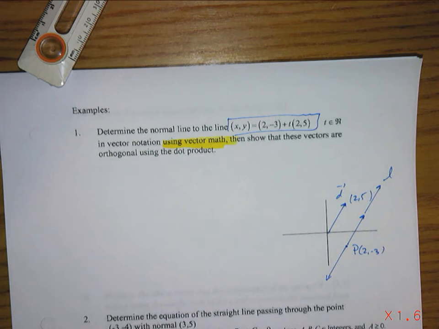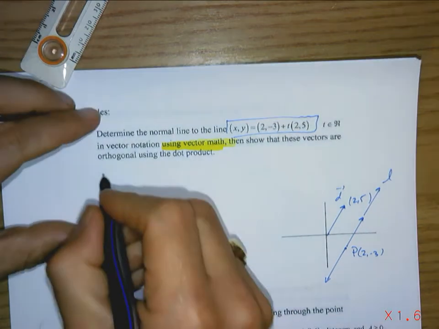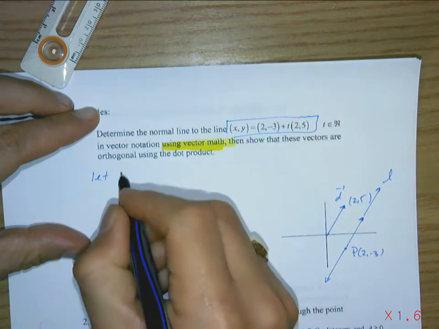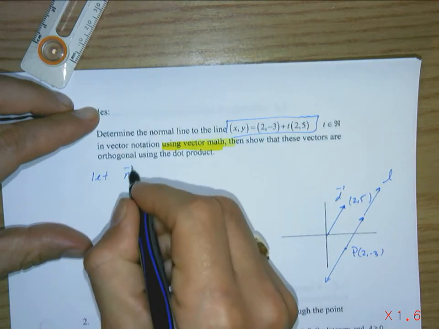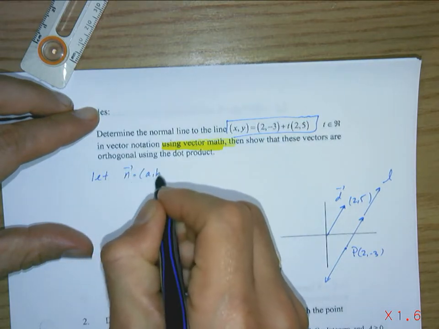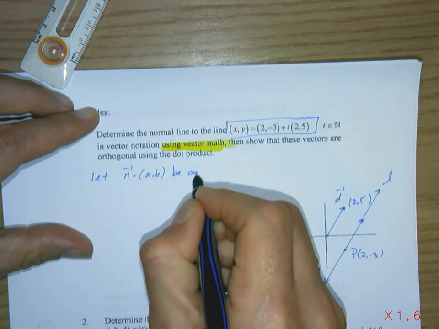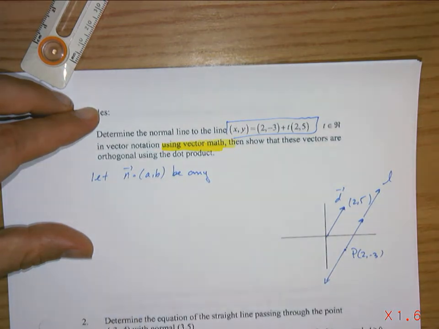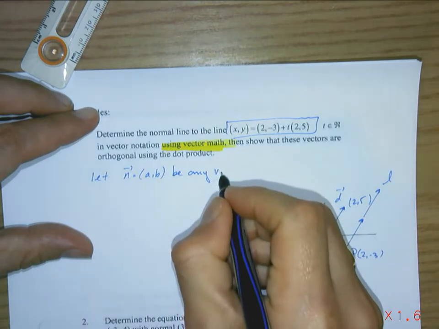Now we're supposed to be using vector math to do this. So let n, which will be (a, b), be any vector perpendicular to d. There's more than one, there's an infinite number.